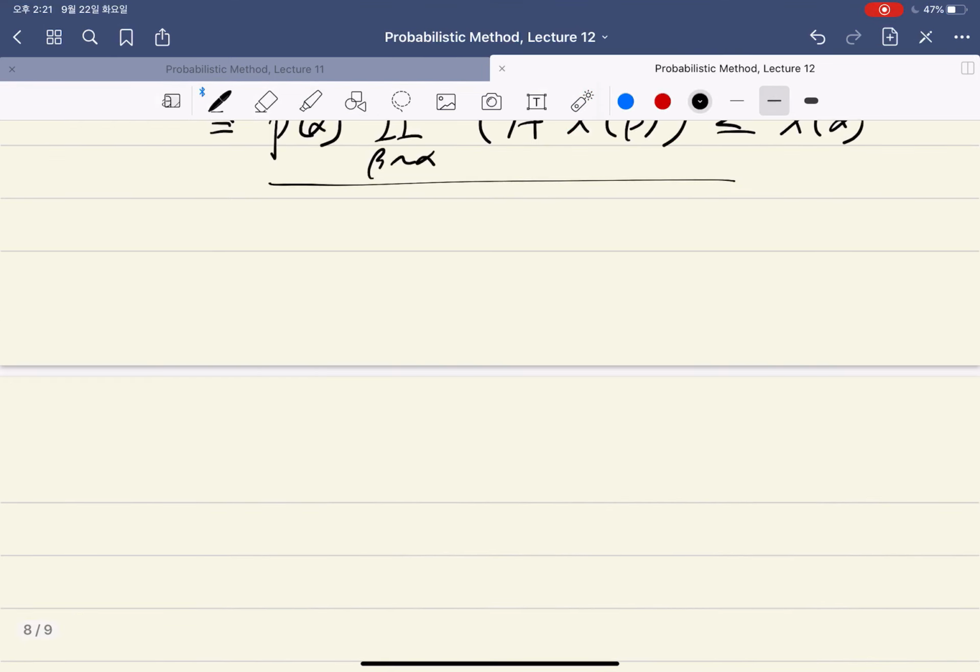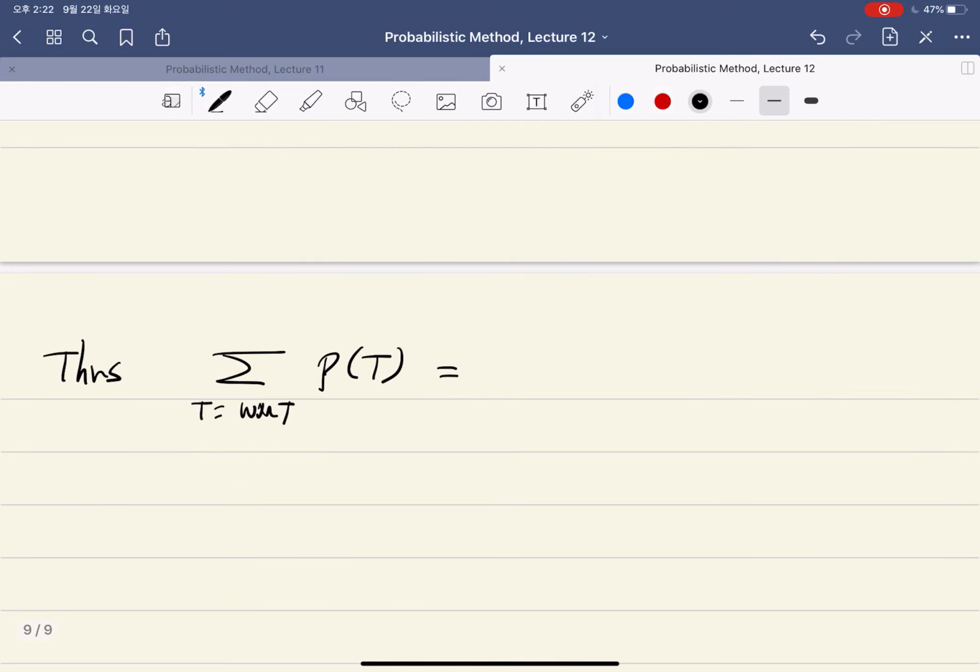So using that, if you take the summation over T being a weak module tree, that's the same as the summation over all alpha. You consider the limit when t goes to infinity of W of t, alpha.